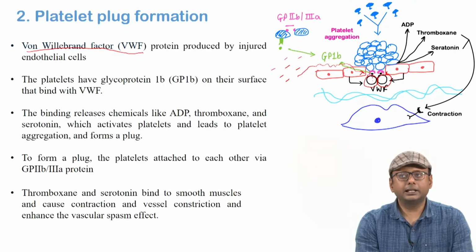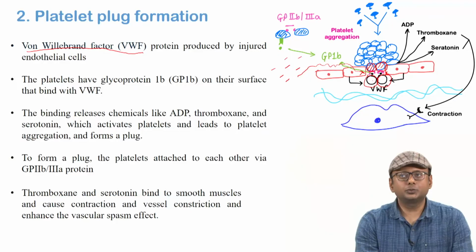As you can see, there are 2 von Willebrand factors, and 2 platelets can get simultaneously attached to them. So in the first step, 2 platelet molecules get attached to the von Willebrand factor.